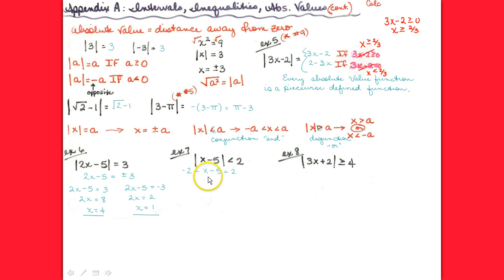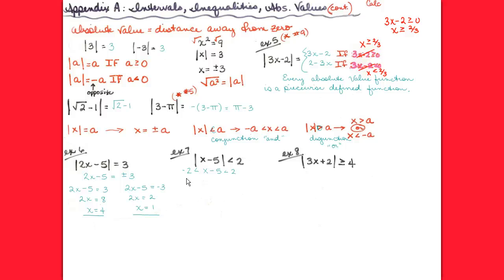Then copy the same sign on the other side. So we had less than, copy that same sign, and copy the opposite of your number. I had a positive 2, so I'm going to use a negative 2. So again, copy exactly what you had without the absolute value, copy the same sign, copy the opposite number.